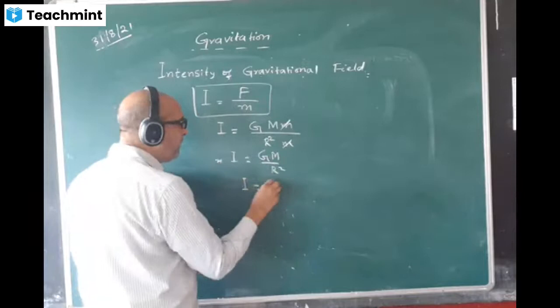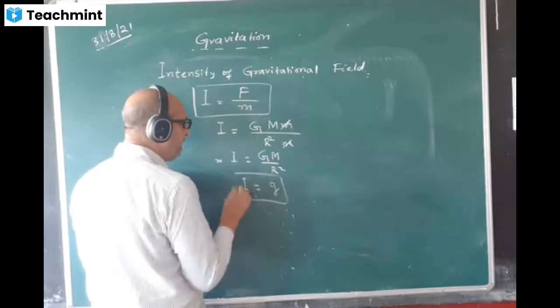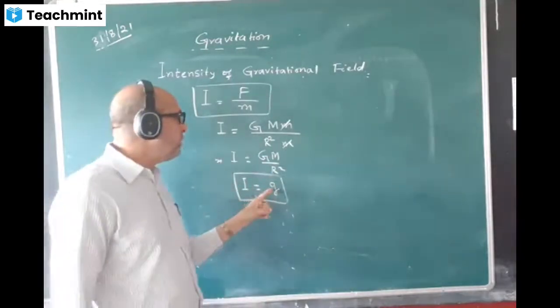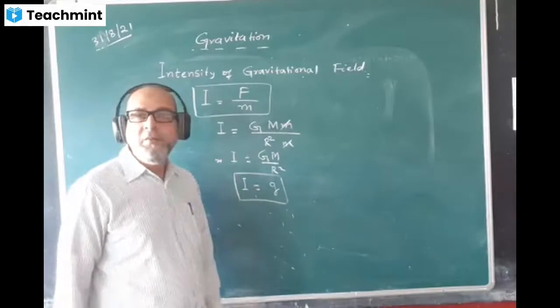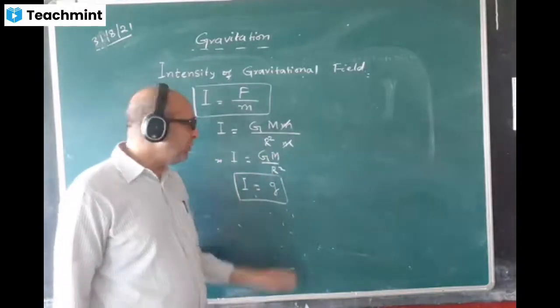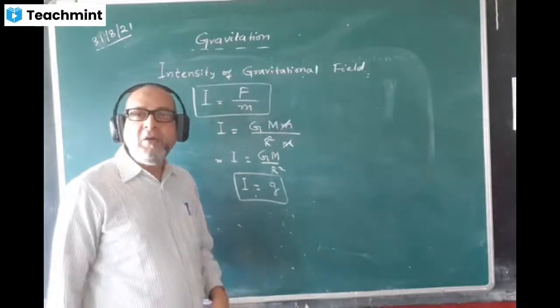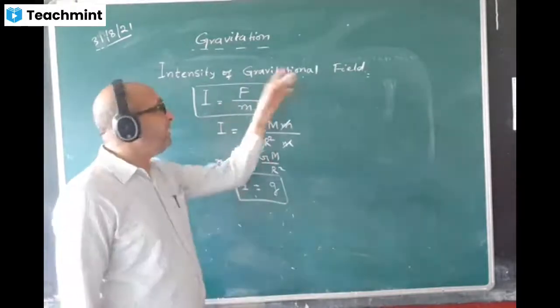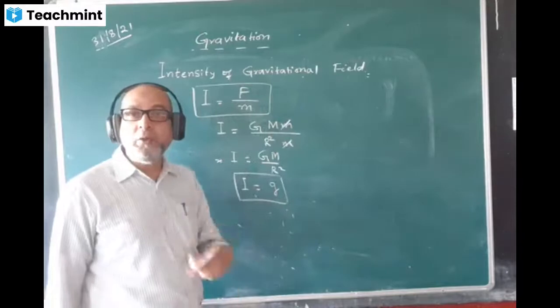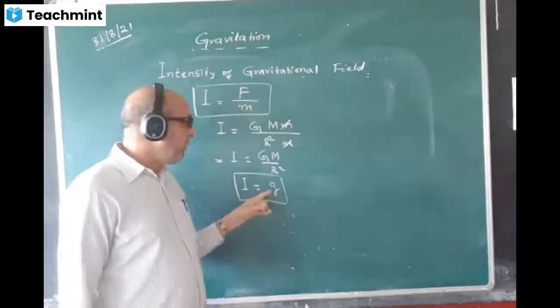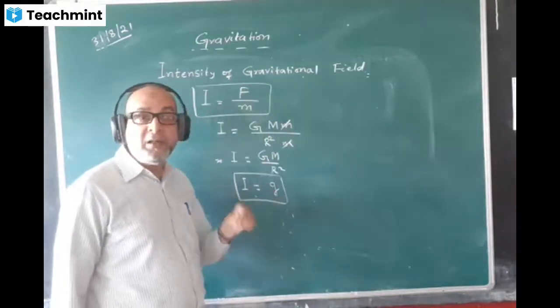You know the formula, small g is equal to GM by R square, acceleration due to gravity. That means intensity of gravitational field is numerically equal to the acceleration due to gravity on the surface of the earth.